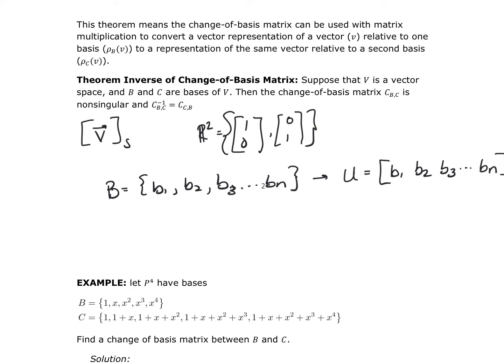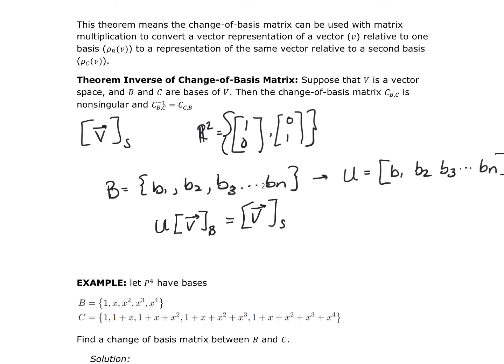Then if I take my U matrix and multiply it by my vector v with respect to my basis B, it's going to give me my vector v with respect to the standard basis.